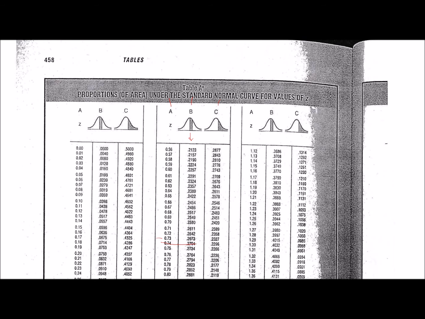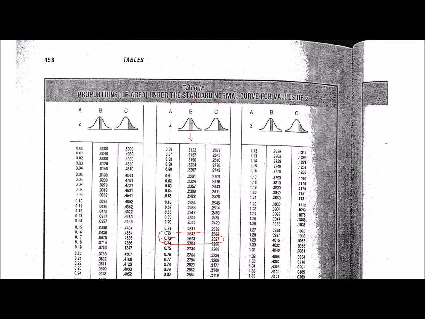I'll circle this over. For 0.73, we know that 0.2673 from this z-score to the mean, or 26.73% of a population would be between this z-score and the mean.